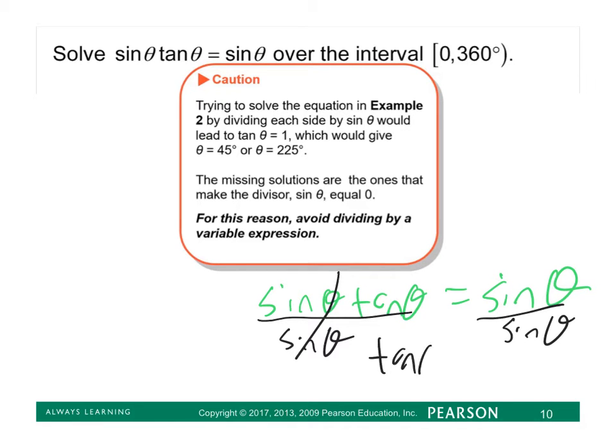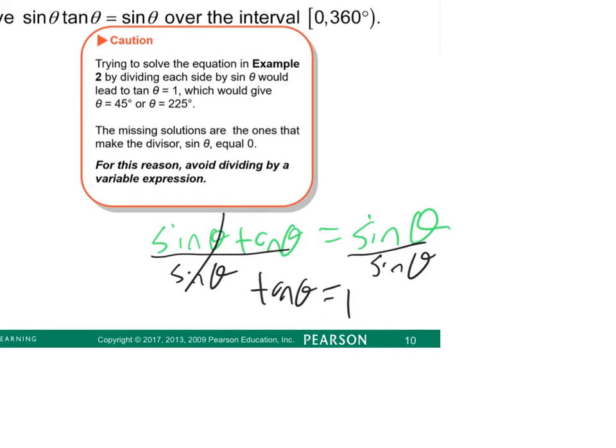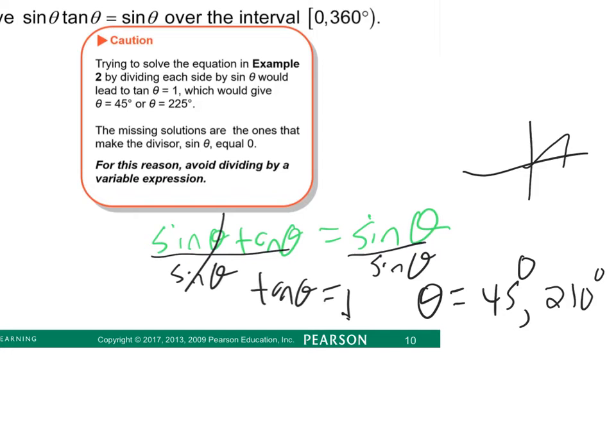Yay! Tangent of theta is equal to 1. And unfortunately, that only gives you two answers. That does give you theta is equal to a 45-degree angle and the 210-degree angle in this quadrant. Unfortunately, you lost two of the answers.